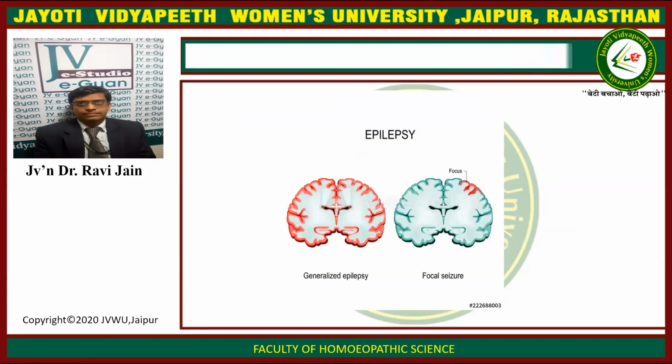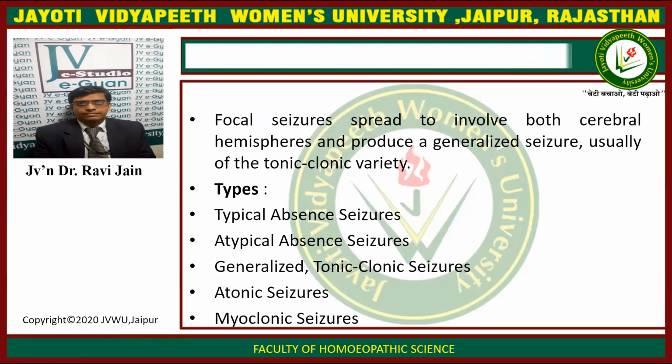As we have discussed in the previous lectures, generalized seizures affect both the cerebral hemispheres, whereas the focal seizures affect only a single cerebral hemisphere, only one part or multiple parts within it. In the generalized, both the cerebral hemispheres are involved. The focal seizures can spread to involve both the cerebral hemispheres.